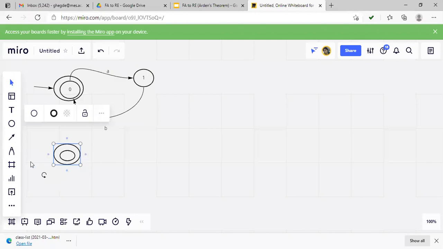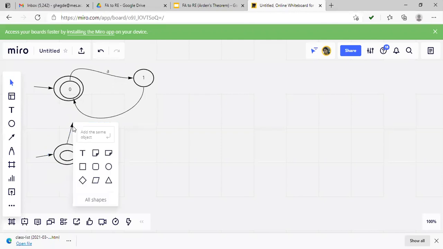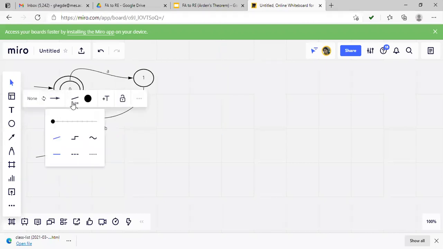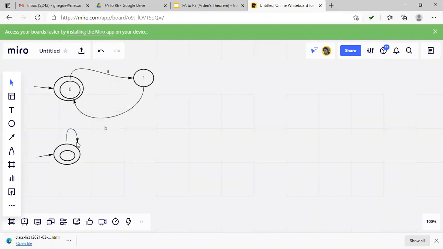So what we have to do with this loop, where we have read the loop at state 0: whatever we read, that is whatever we have traced, we put at state 0.